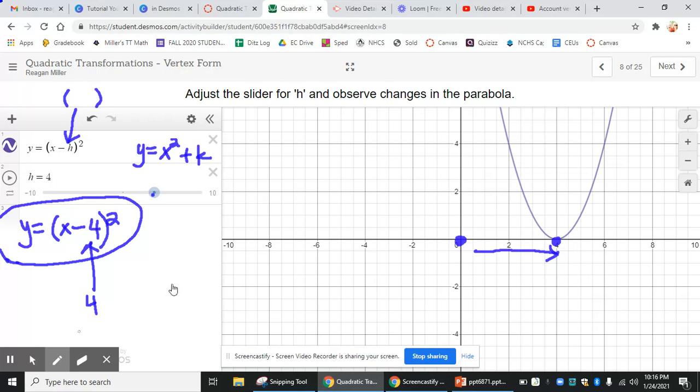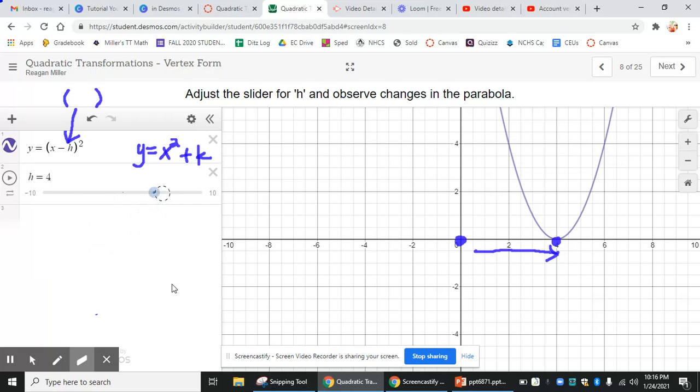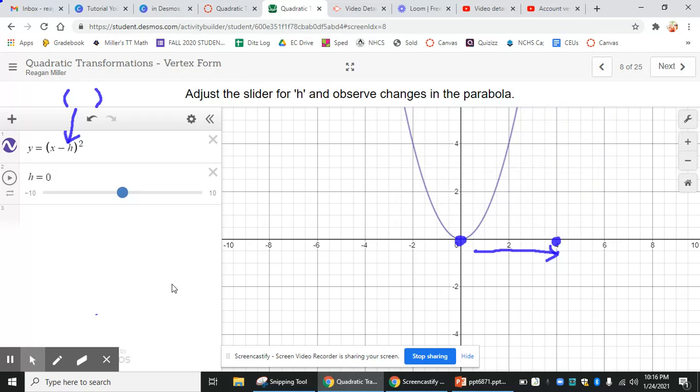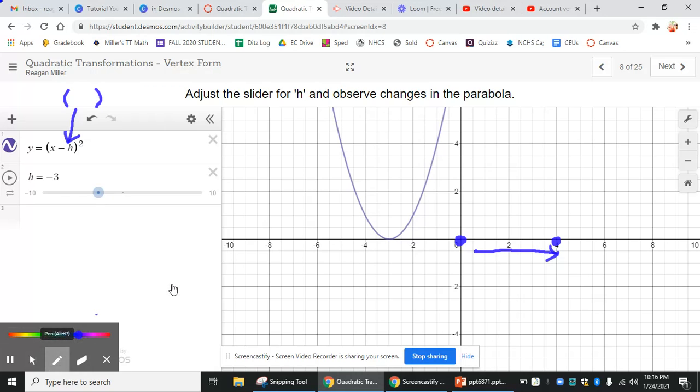And then if you're going to do the opposite and move it the other direction, it's going to look like you're adding. It's going to be a plus sign when we are writing the equation. So if I start back at 0 and I move it to -3, what happens when I plug -3 into the equation?